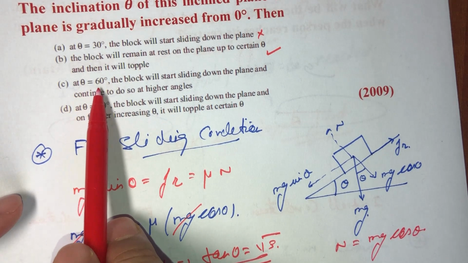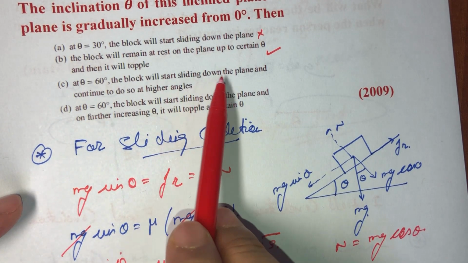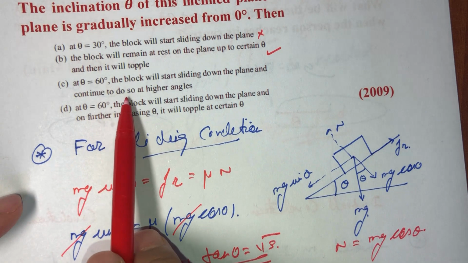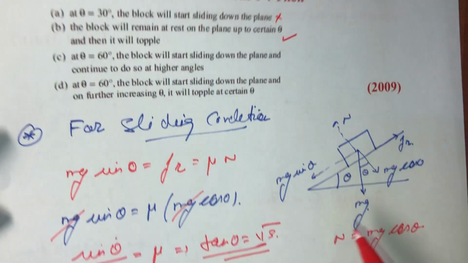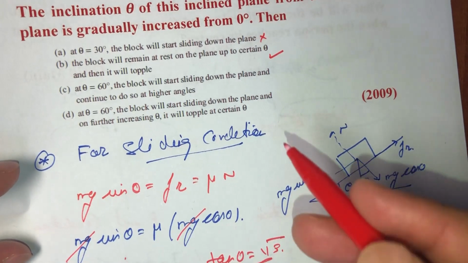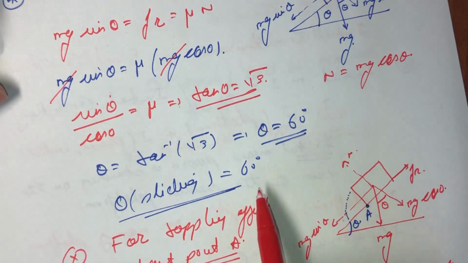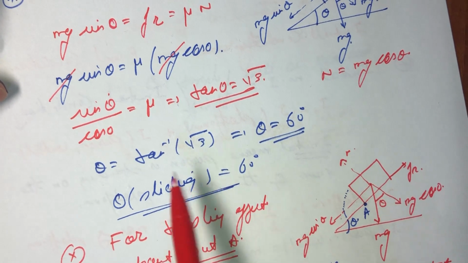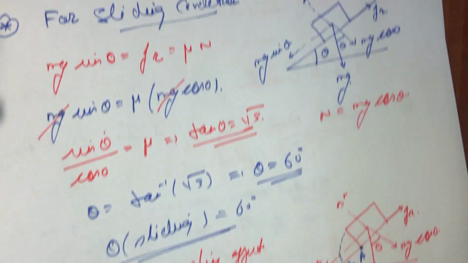And at theta is equal to 60, the block will start sliding down the plane and continue to do so on the higher angles. So we know the sliding starts at theta equal to 60. So this is true. So any angle which is greater than or equal to 60, the block will start to slide.